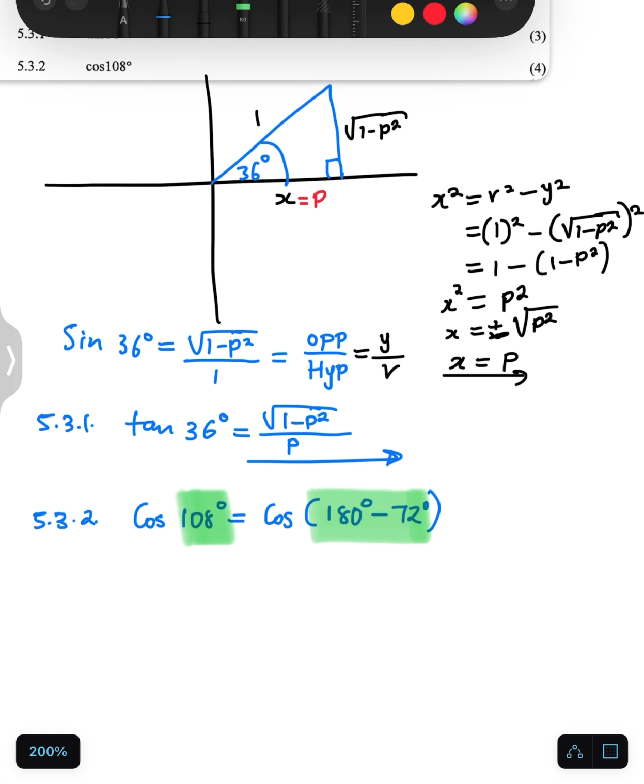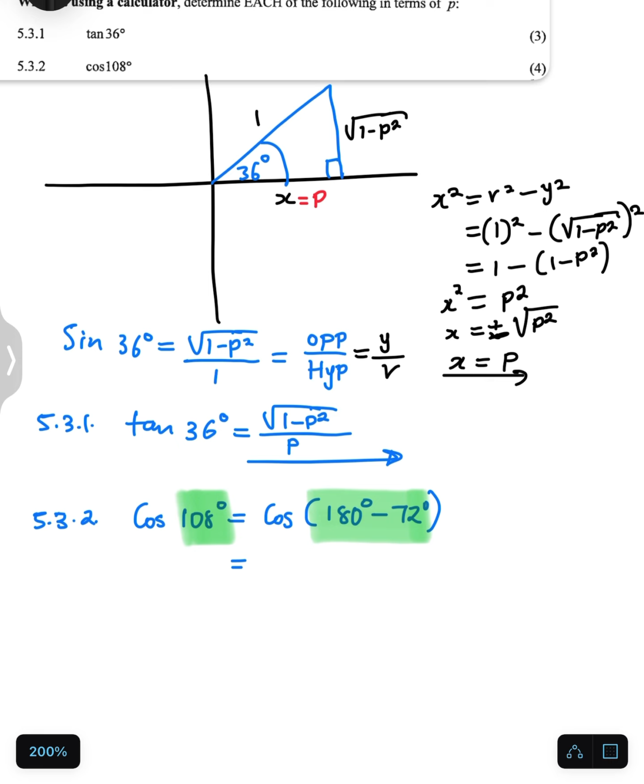Okay, so we're just going to use the reduction method from there. So when you say 180 minus 72, this is in the second quadrant, so cos is negative, so it's going to be negative cos of 72.